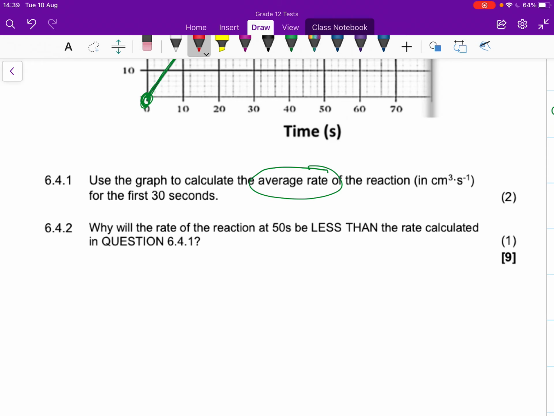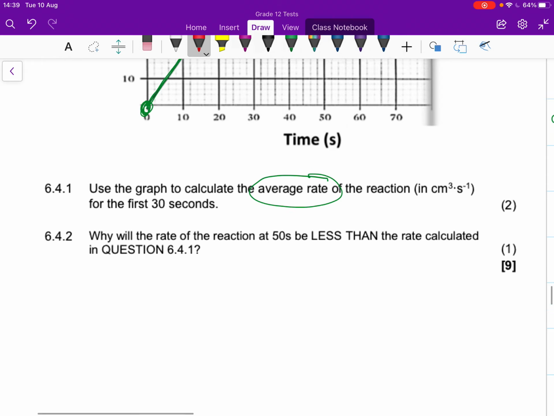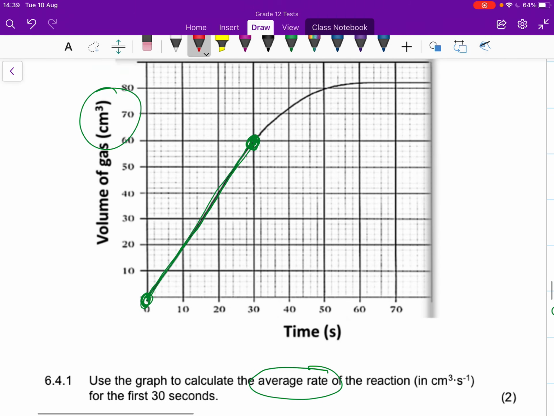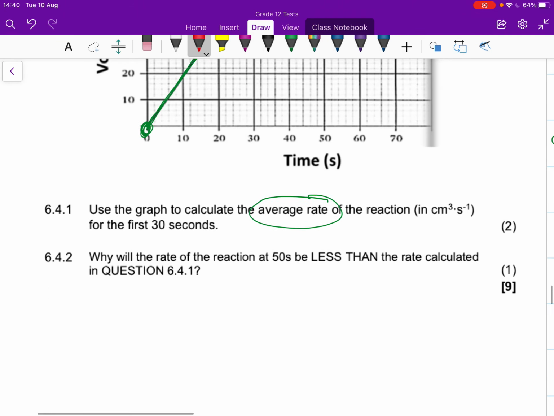6.4. Why will the rate of the reaction at 50 seconds, so over here, be less than at 30 seconds? Well, it's slowing down. Why is it slowing down? Because the reactants are being used up.